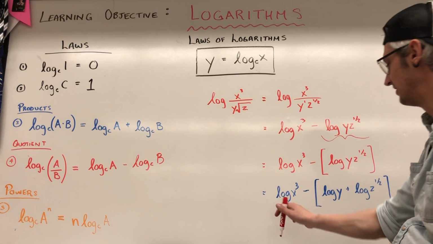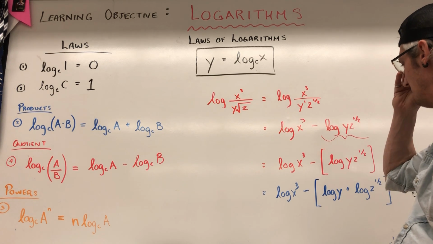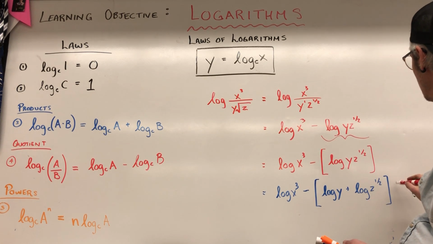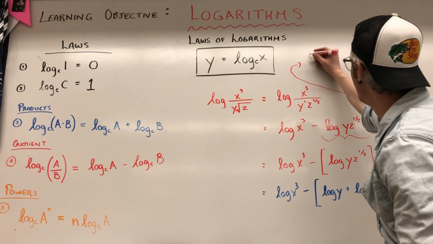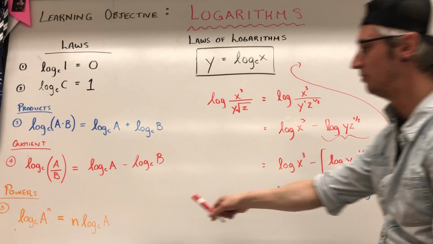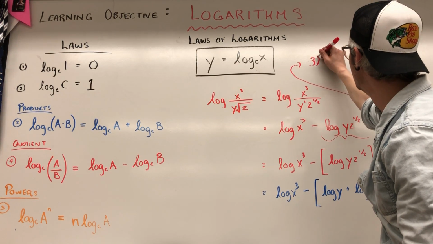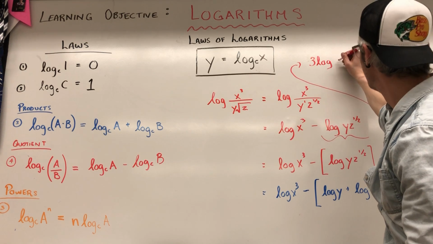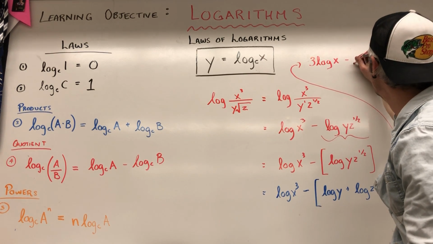Now I can apply my exponent laws. I hope you can see this. I am going to bring this up here, I'm sorry guys, just so we can see it better. So I have log of x cubed. If I apply the power law, I'm going to pull that 3 in the front. So that becomes 3 log of x. There's nothing I need to do there.